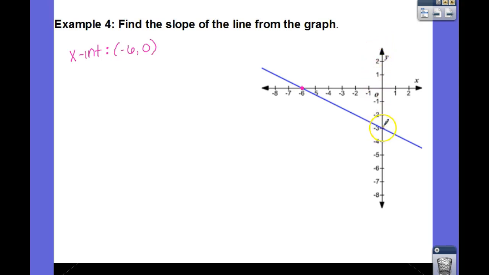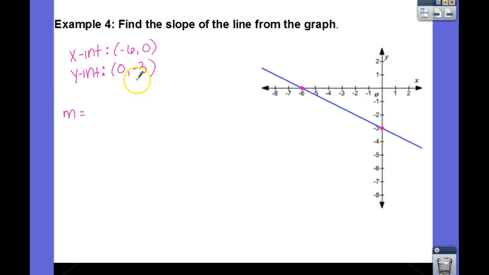The y-intercept is 0, -3. That's where x equals 0, and the graph crosses the y-axis. So to find my slope, I'll use these 2 points.